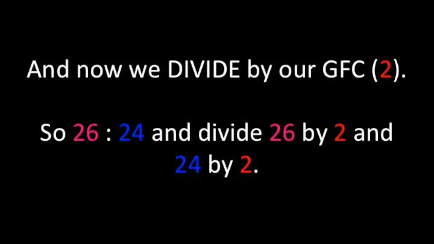So we take that ratio and now we divide by our greatest common factor. We need to divide both numbers. So 26 to 24, and divide 26 by 2 and 24 by 2.